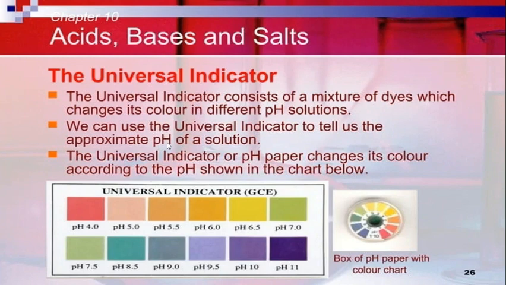So the universal indicator consists of a mixture of dyes which changes its color in different pH solutions. We can use the universal indicator to tell us the approximate pH of a solution. If you take a look at the picture below, it shows the coloration of the different reactions at different pH levels.